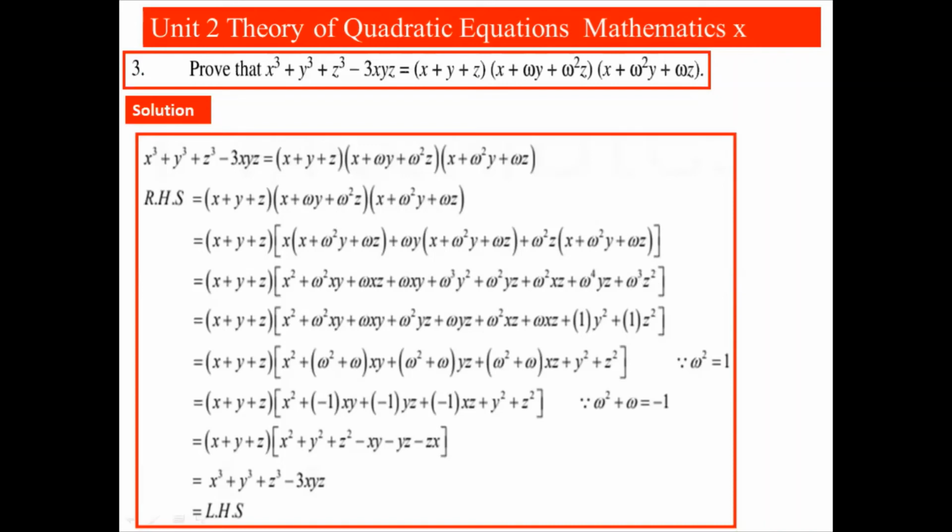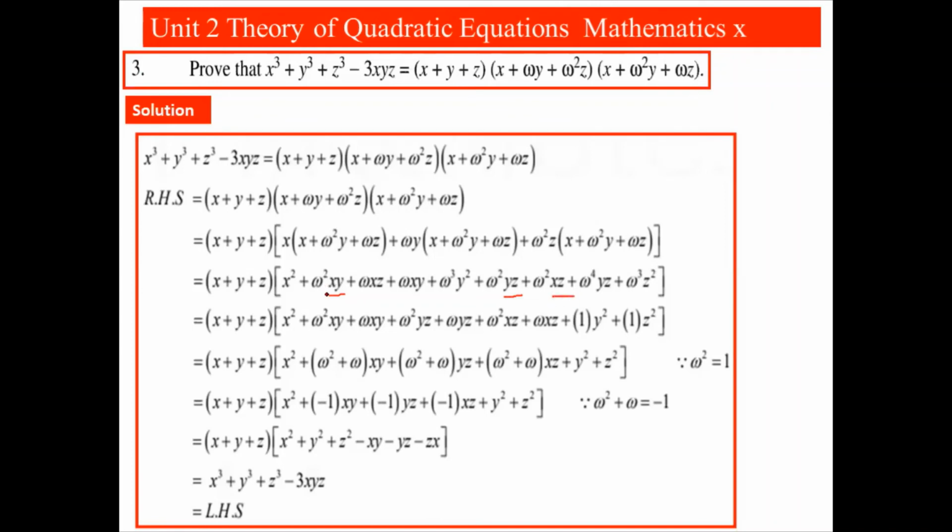So now we have to arrange these. First we write in form of the value of xy. Just 1 minute, I take this pen. So here first we write the value of xy, then we write the value of yz, and then we write the value of zx.